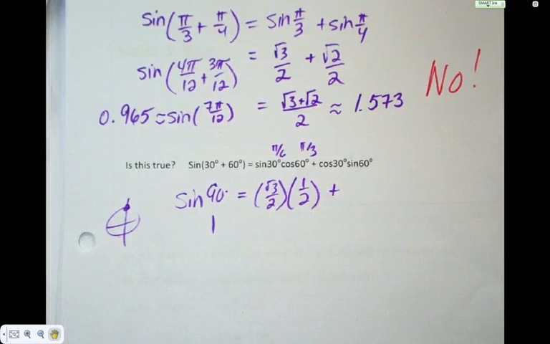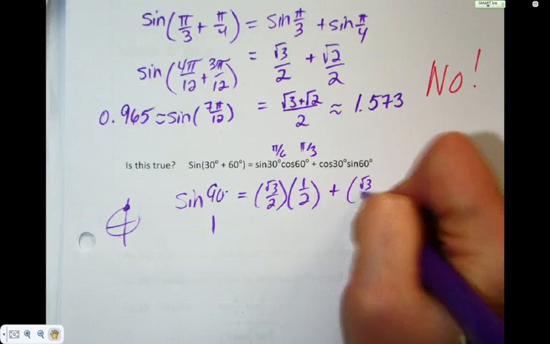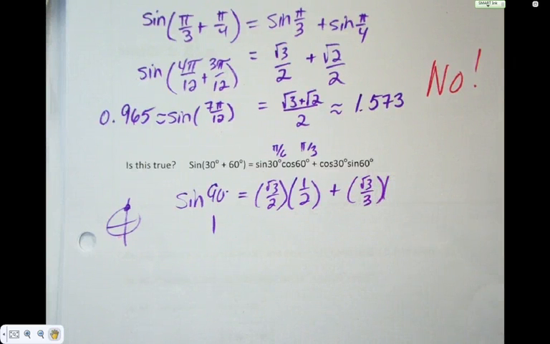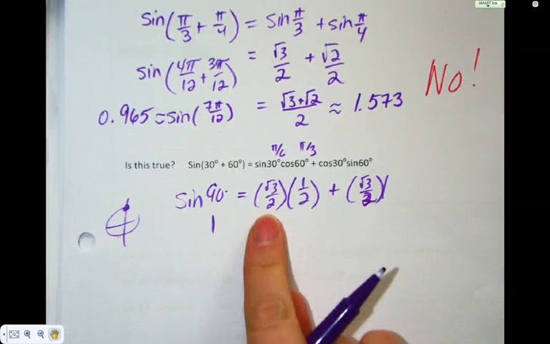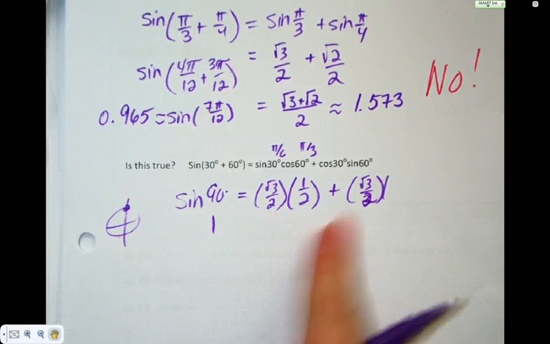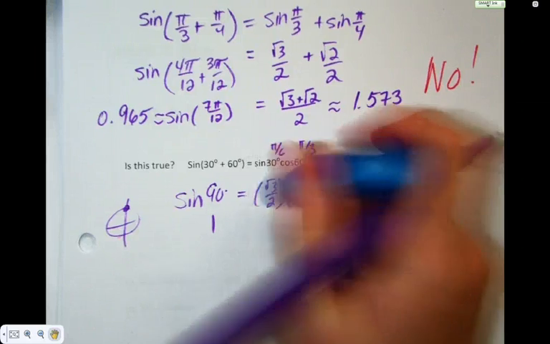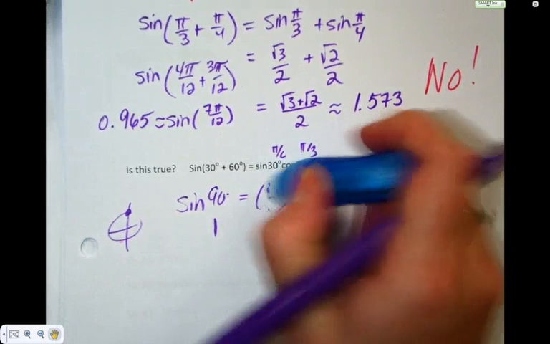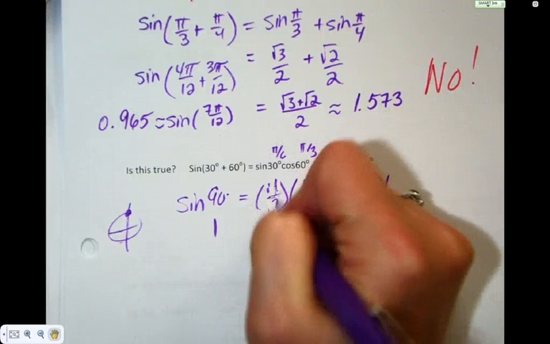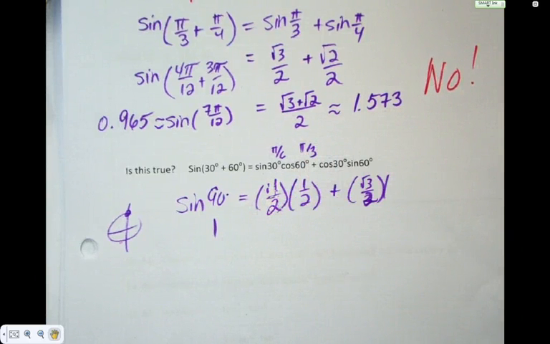Plus cos of 30, so cos of pi on 6. Root 3 on 2. But you said the sine of pi on 6 over here was root 3 on 2. I was waiting for someone to fix it. Okay, so we agree the sine of pi on 6 is 1/2.